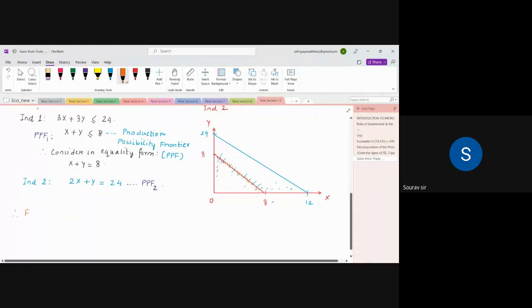Therefore, for efficiency, you can make note of this: for efficiency, we assume that both the individuals make full use of their available time.